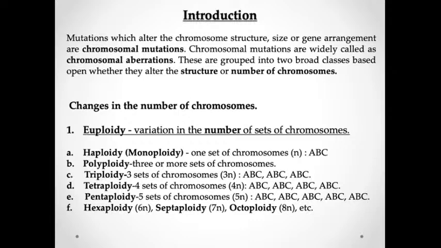One set of chromosomes is haploidy, that is monoploidy. Then polyploidy, three or more sets of chromosomes: triploidy, tetraploidy, pentaploidy, hexaploidy, septaploidy 7n, octaploidy 8n. It keeps on increasing.